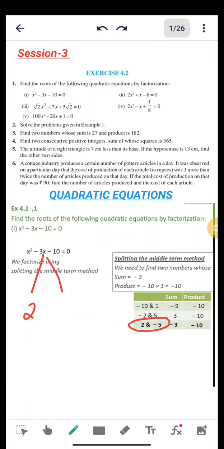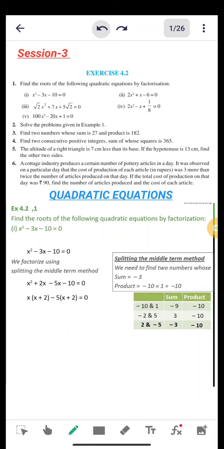After finding the factors of minus 10, let's substitute it here. So minus 3x can be written as 2x minus 5x. Now we'll take common from here. From this 2x I can take x as common, remains x plus 2, and from here I can take minus 5 common, remains x plus 2, because when we take a number common with the minus sign, this becomes plus.